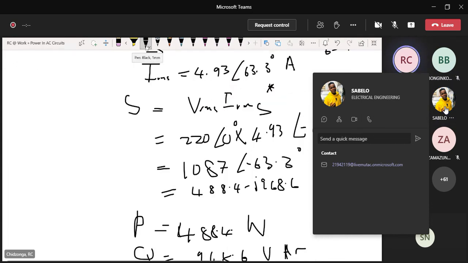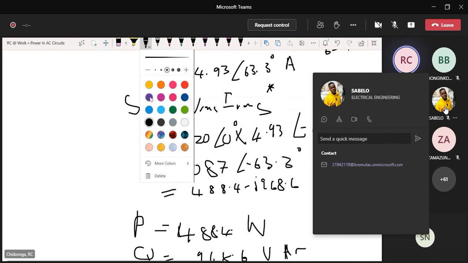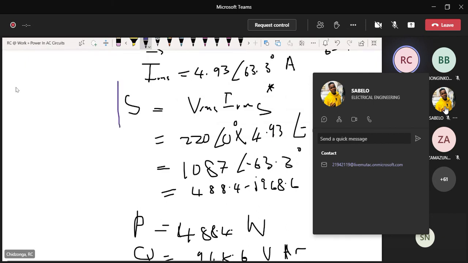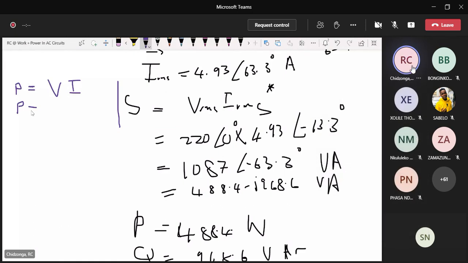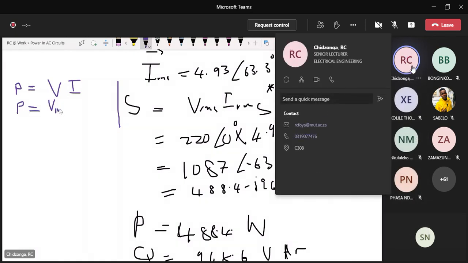Okay. Now, hear this. In a DC circuit, I said that power in general is that. You remember this? Yes, I remember this one. Then we went to a purely resistive circuit, and we came to this conclusion here.